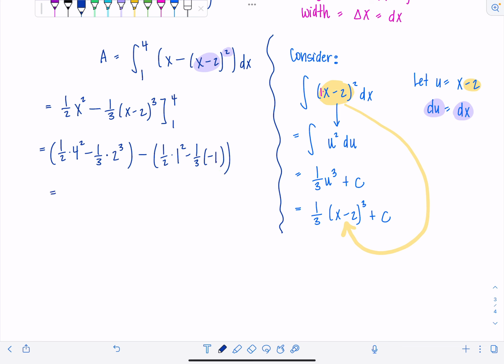Okay, so let's see what's going on here. 1/2 times 16, that's 8, minus 2 cubed, that's 8. So 8 minus 8/3. Minus, this is 1/2. And then this is going to be a positive 1/3, but then there's a minus sign, so minus 1/3.